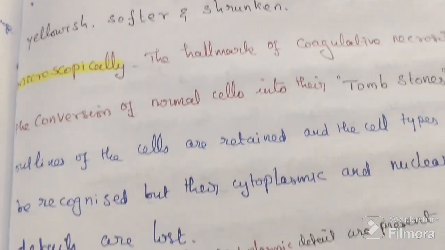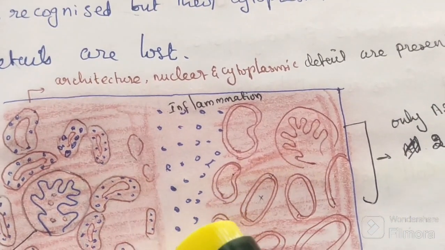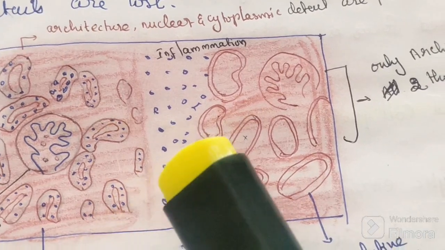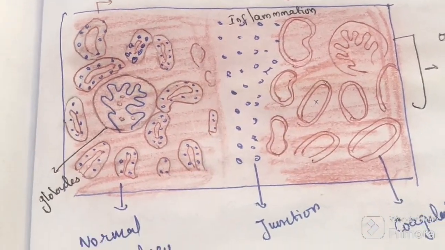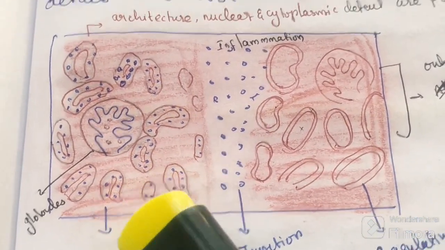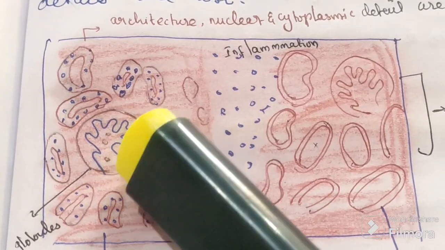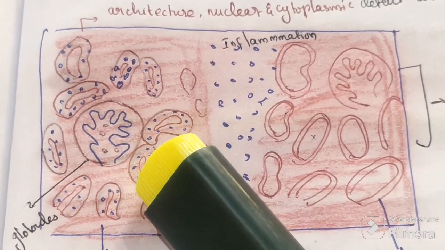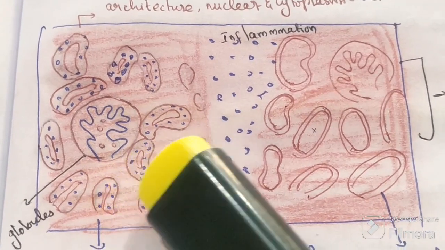Microscopically there is the junction. Here at the junction, this is the inflammatory cell and this is the normal kidney cell. See here, the architecture is present, nucleus is present, cytoplasm is present.